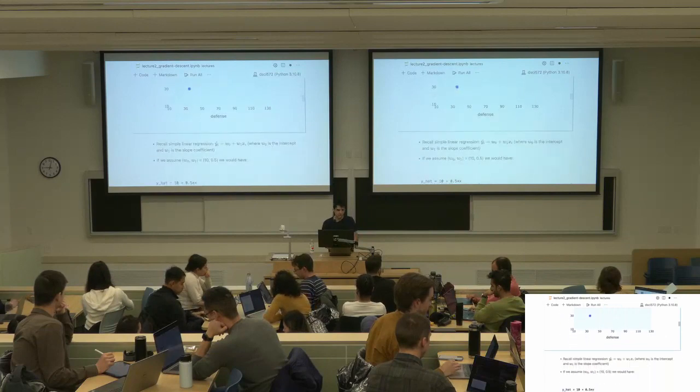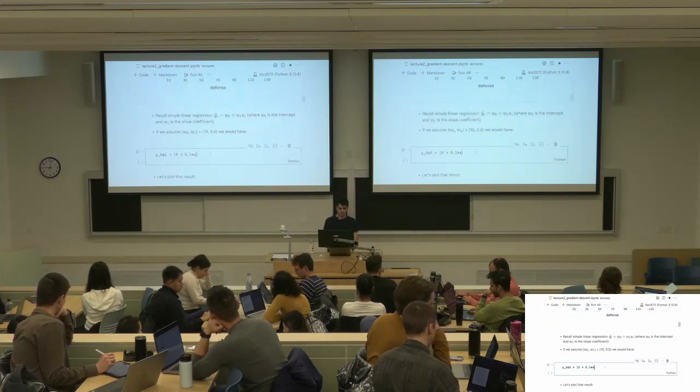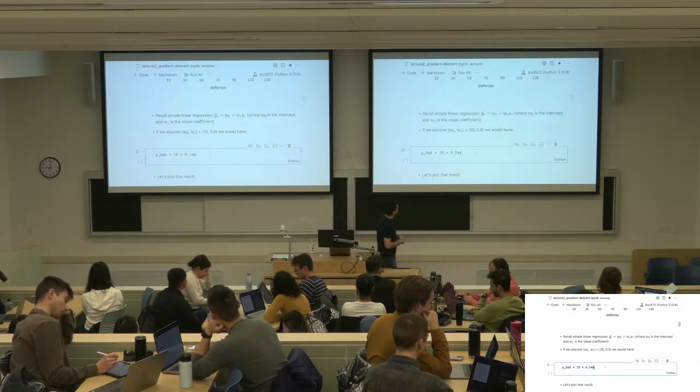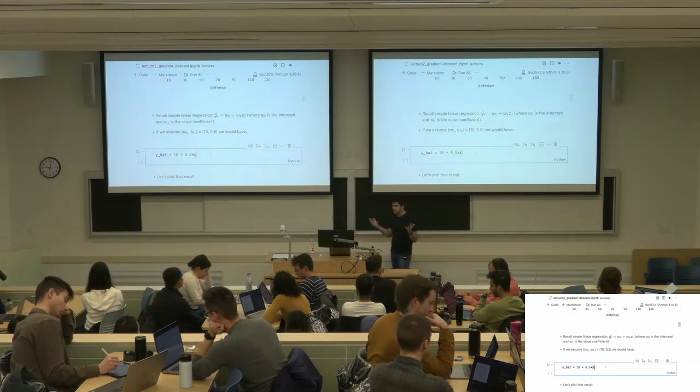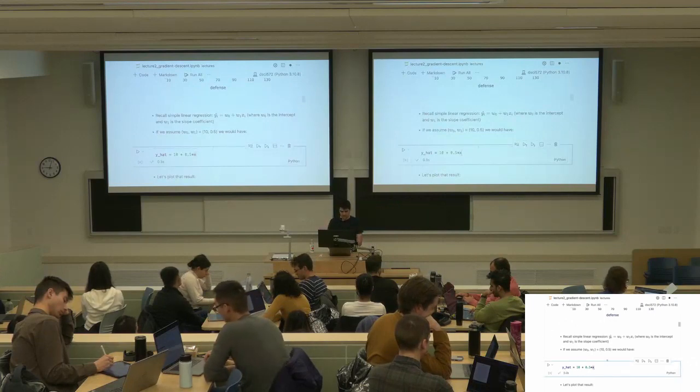Okay, now the goal is to fit a line that minimizes the error for these data points. We have the model over here, and let's just assume that the parameters that we have, W0 and W1, are equal to 10 and 0.5, just as a guess. And let's see what that does.